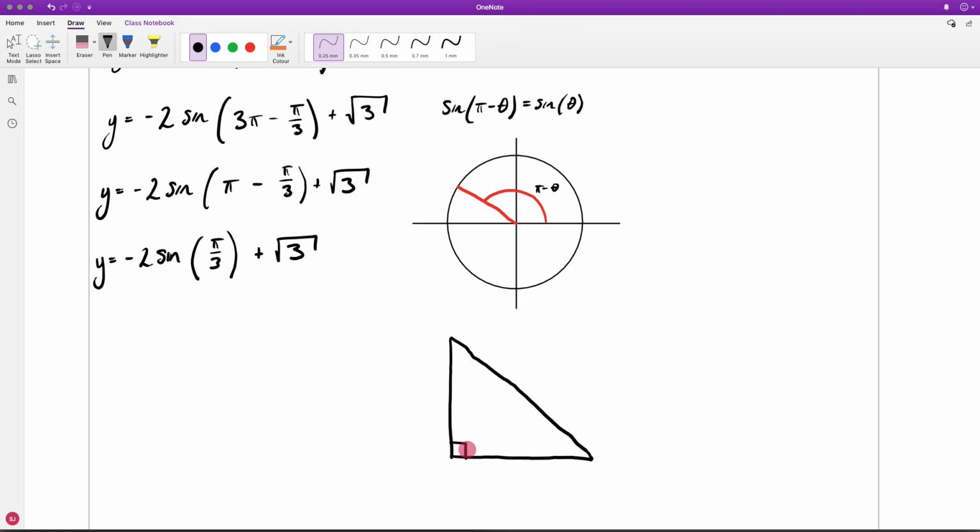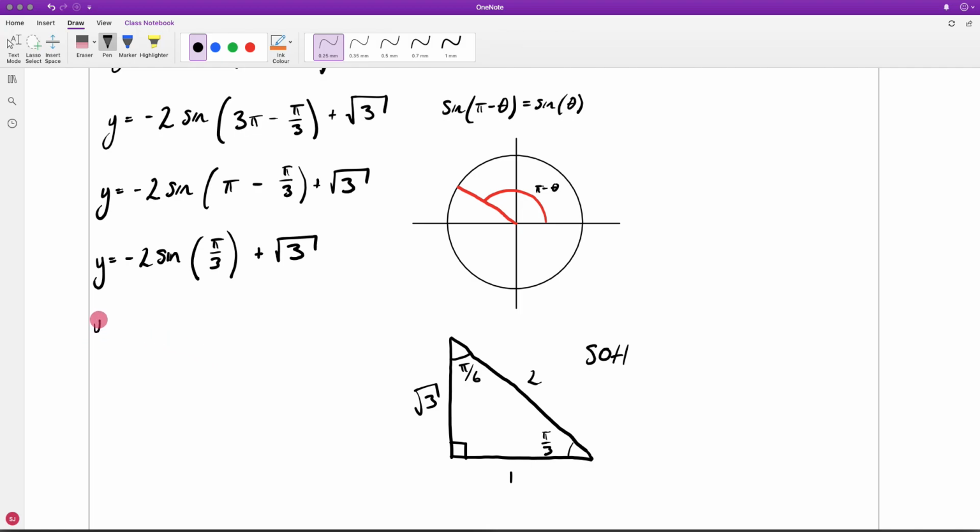So that means this up here is going to be pi on 6. This down here is going to be pi on 3, with sides 2, 1, the square root of 3. So that means sine of pi on 3, here's pi on 3, sine is opposite over hypotenuse.